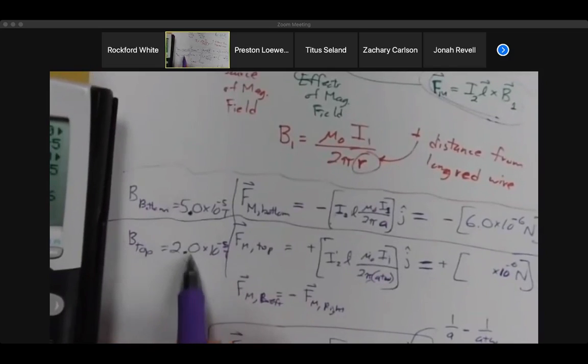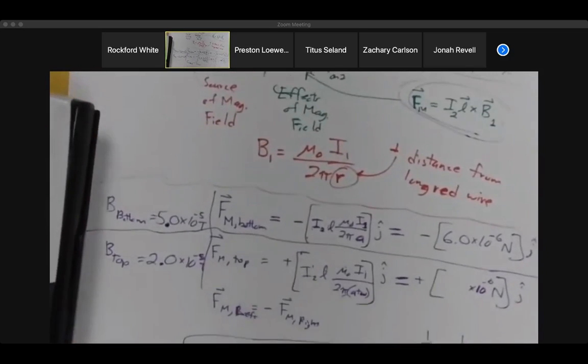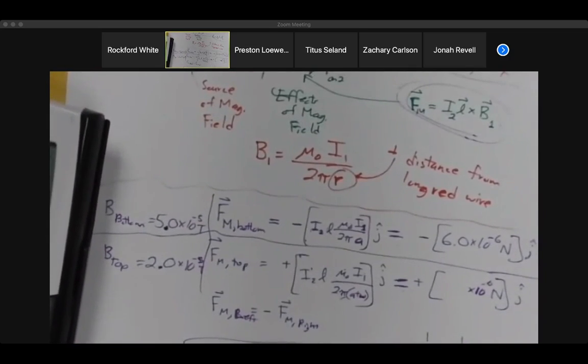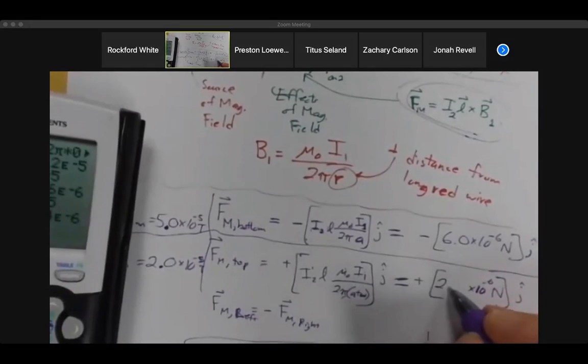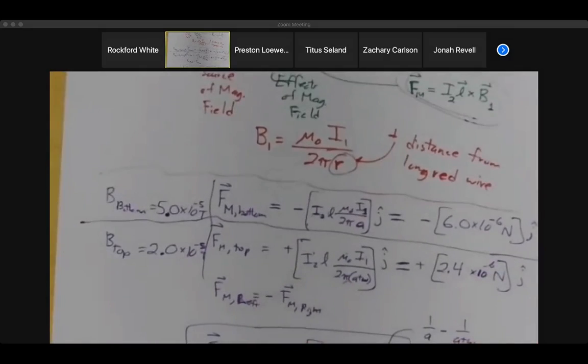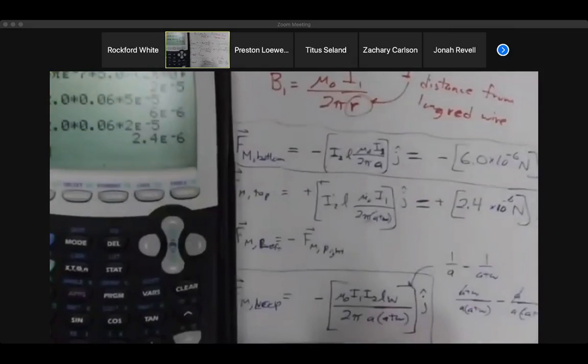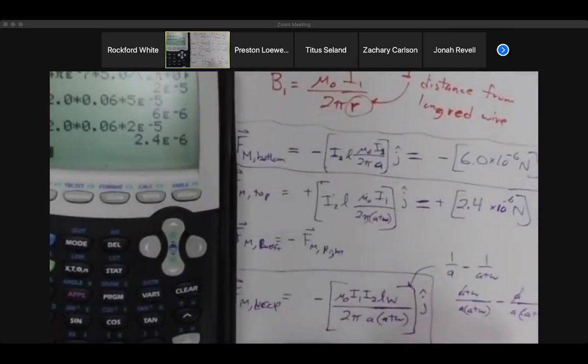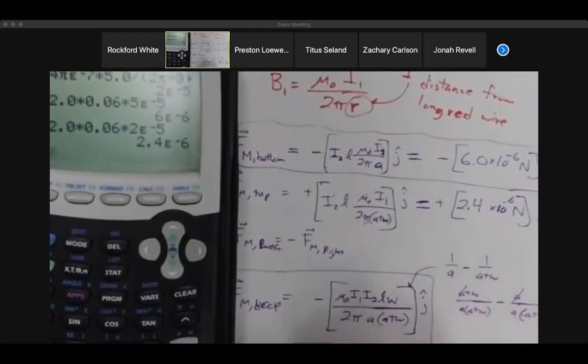It got divided by 2.5. So this will get divided by 2.5 and gives us 2.4 times 10 to the minus 6. And if you add those up, of course, they cancel out. And I think you get negative 3.6 times 10 to the minus 6 newtons j hat, or in the negative j hat.